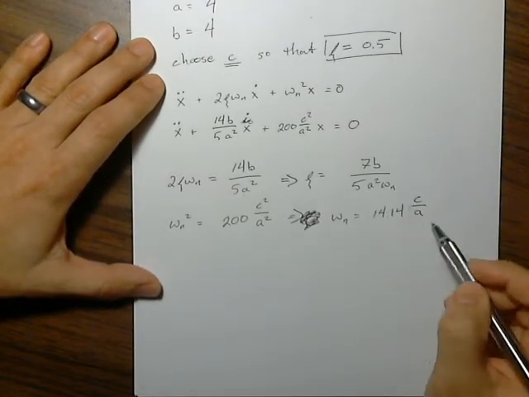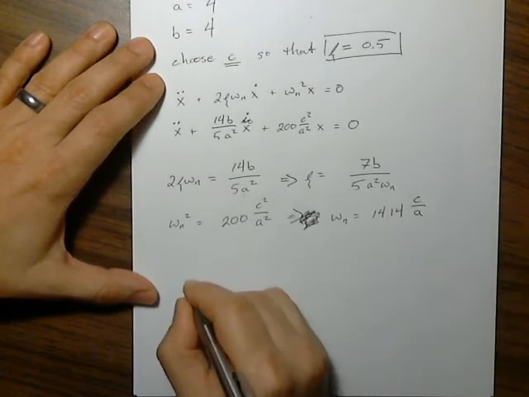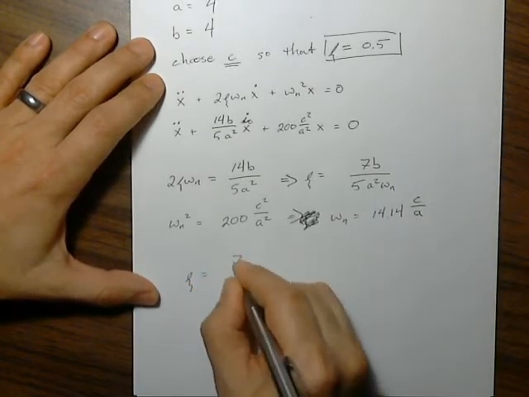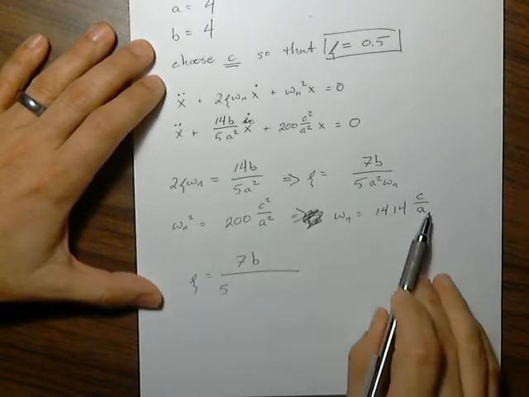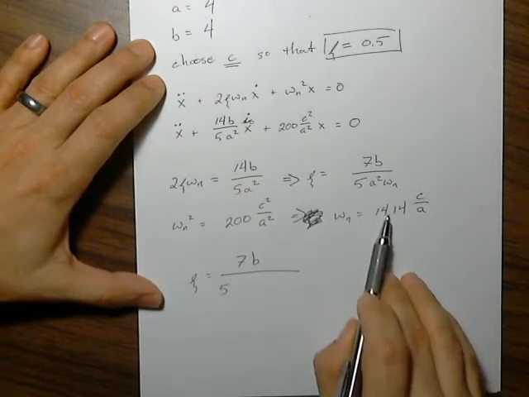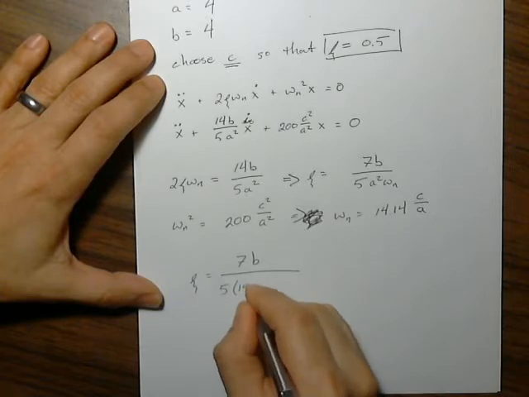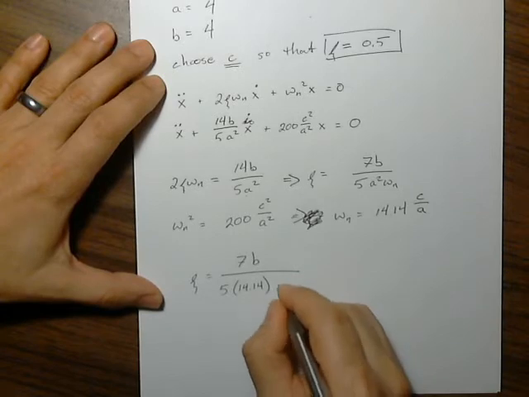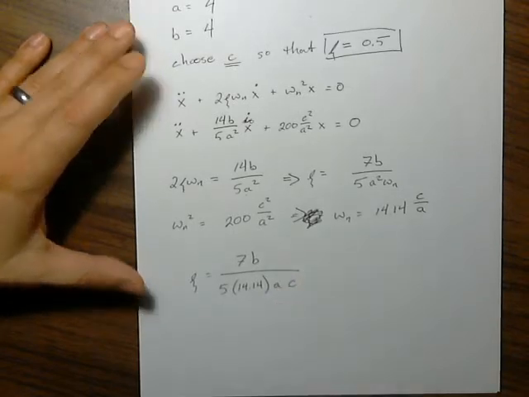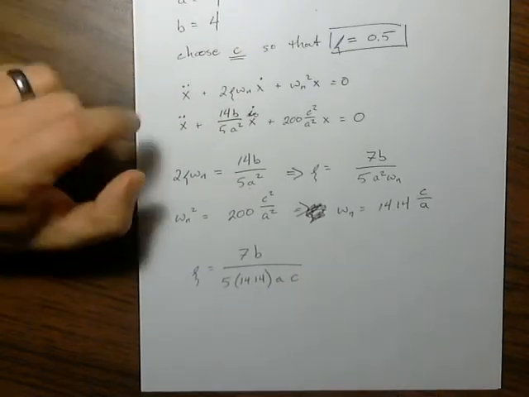So the A's are going to cancel. We plug that in, and we should be left with 5 times 14.14 times A times C. Cool. Well, this is easy.